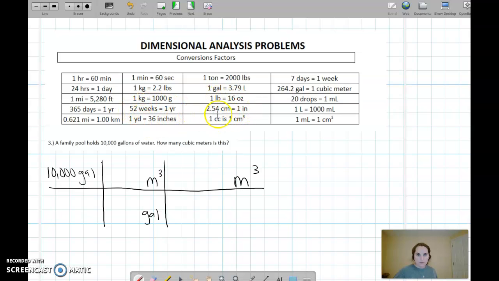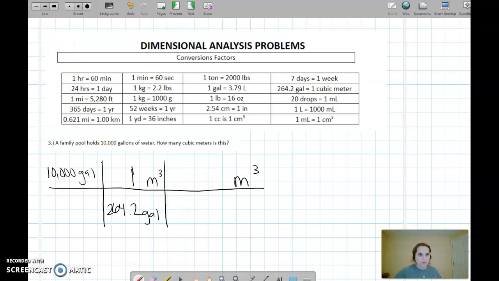We're looking for something that we can use. 1 gallon is equal to, come on, can't see it, hold on. All right, so 1 cubic meter or 1 meter cubed is equal to 264.2 gallons. And that conversion is right here. Ooh, it took me a long time to see it.